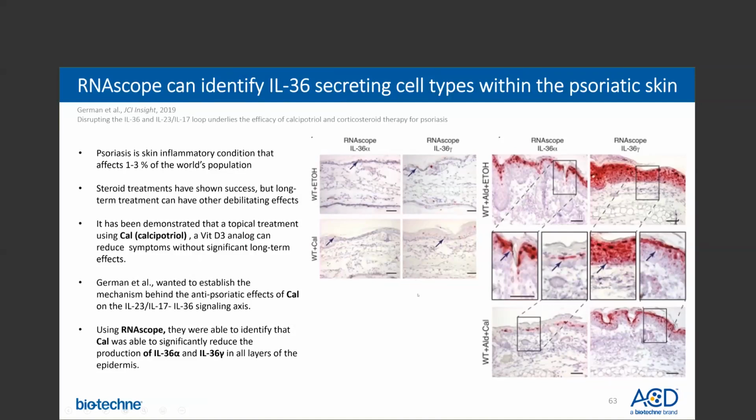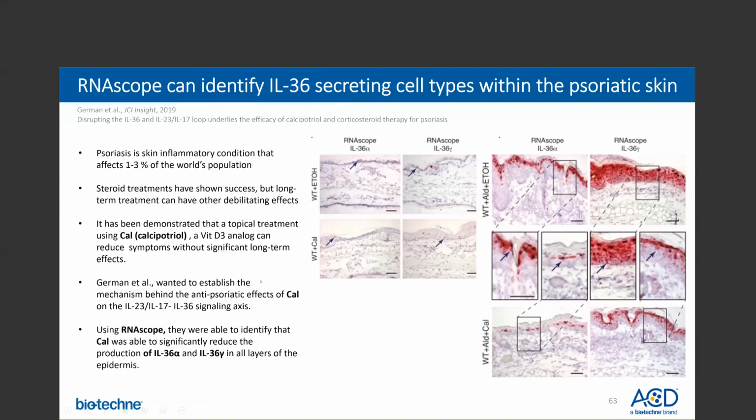Steroid is a very common therapy that has been used to treat psoriasis, but it can have some debilitating effects. These researchers wanted to study the effects of a vitamin D analog like calcipotriol in decreasing some of the symptoms of psoriasis.